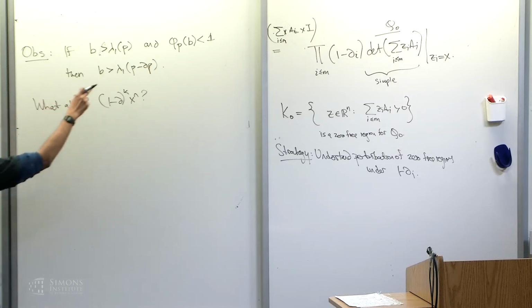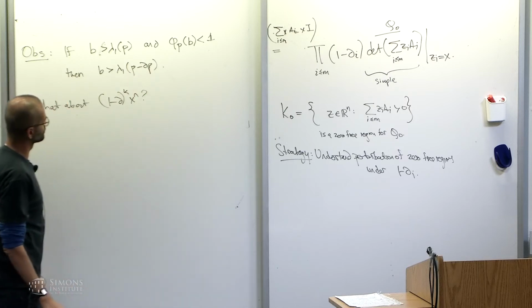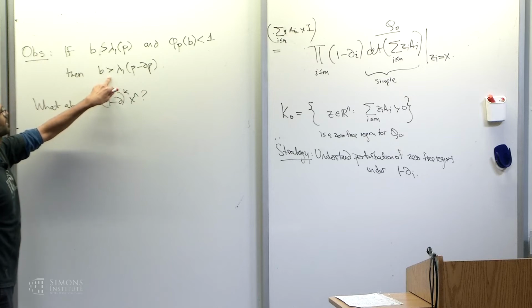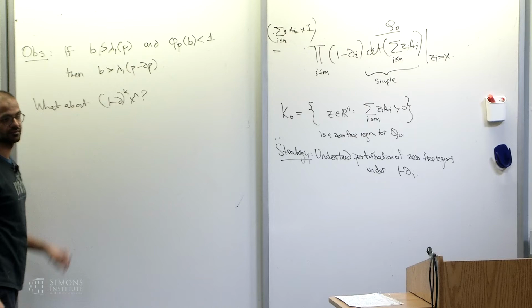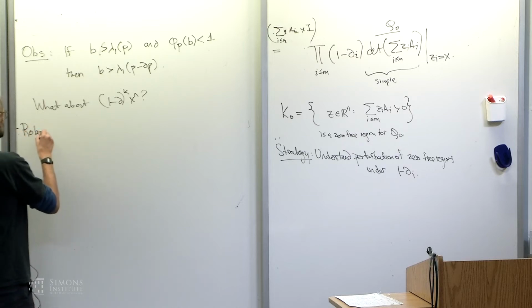I find a point where it's less than 1 that gives me an upper bound on the largest root of this perturbation. But then what do I do, right? I can't apply this inductively because I don't know anything about the barrier function of this polynomial. So ideally what I need is a robust version of this which relates the barrier function of the polynomial to the barrier function of the perturbation, and then I can induct. So this is a robust version of this lemma.